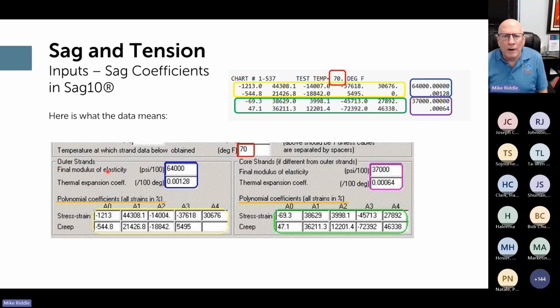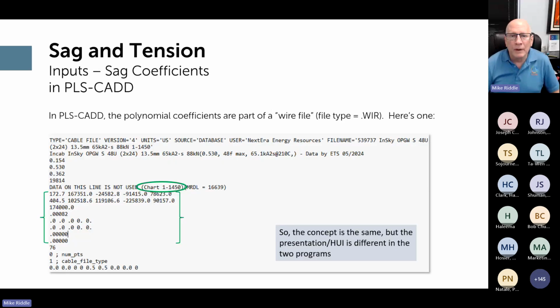Later, we'll talk about why there's outer strands and why there are core strands and what that means. But you see this repeated, so another set of coefficients and a final modulus of elasticity and a coefficient of thermal expansion. So that's Southwire SAG-10 program.